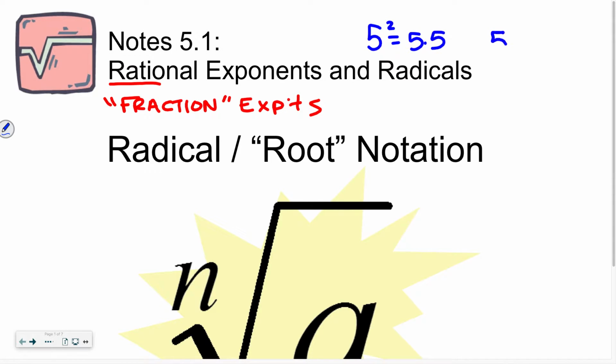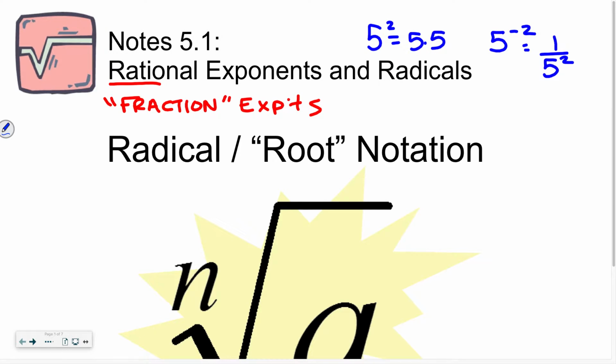Do you remember what 5 to the negative 2 does? Anybody remember what a negative exponent will do? It'll flip it. So it flips the 5. Instead of being 5 over 1, it'll be 1 over 5. So it'll be 1 over 5 squared, 1 over 25.